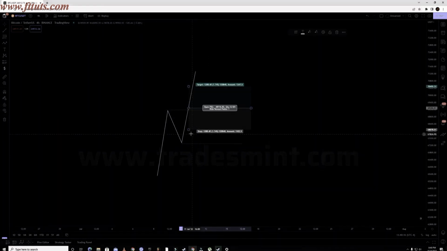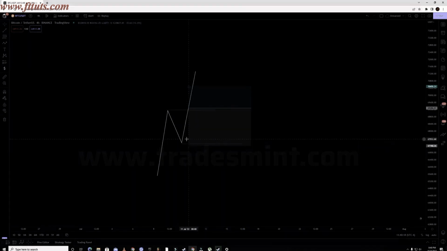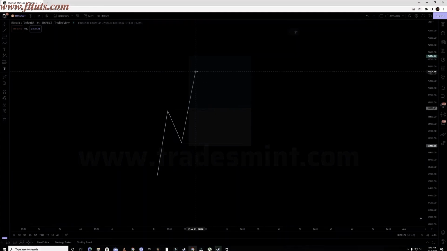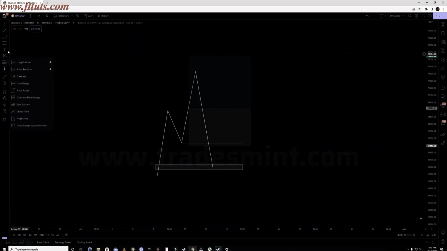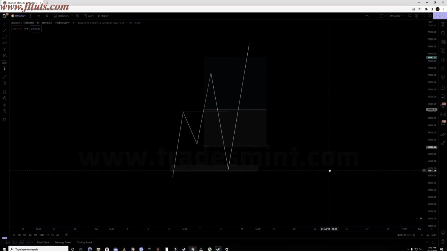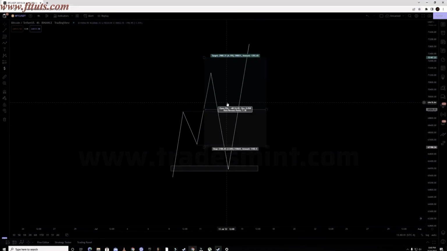So let's say people buy here, they might put their stop loss right below this previous higher low, right? And then in the future, the price can come back down to some order block here or demand zone, and then the price can just move back up like that. So it could be anywhere, but we need to identify the most important liquidity areas.